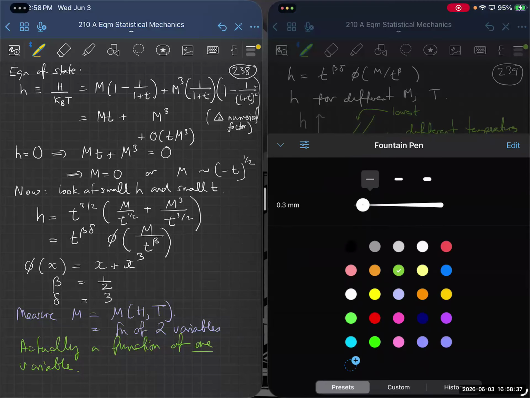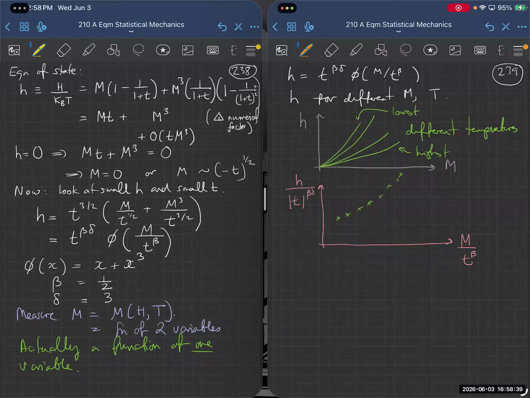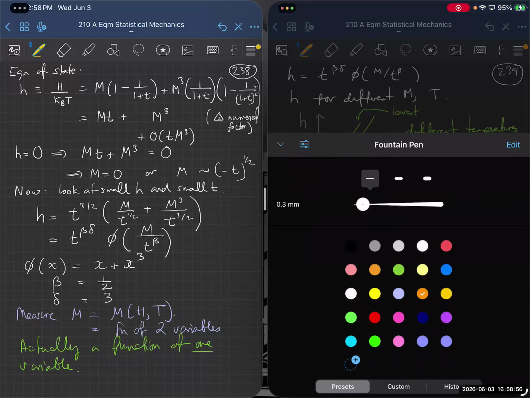Above Tc, my data might look something like that. So this is T greater than Tc.